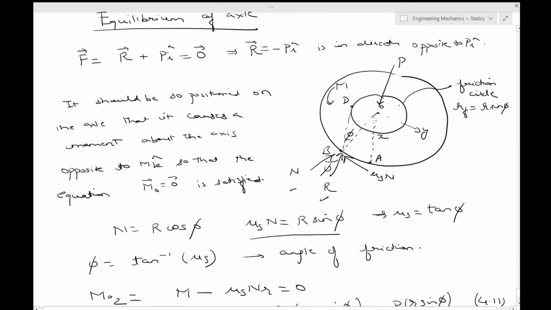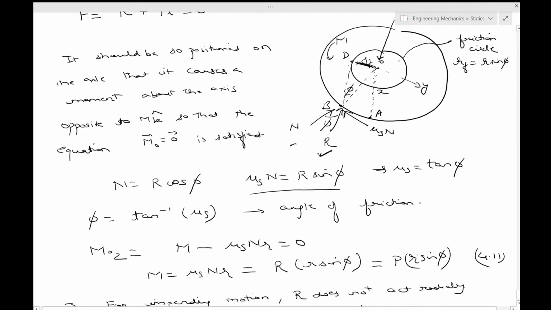You can see that over here R is not acting along the axis. It is acting at a distance of Rf. This is Rf, this distance. This is equal to r sin phi. So that's where this is acting.